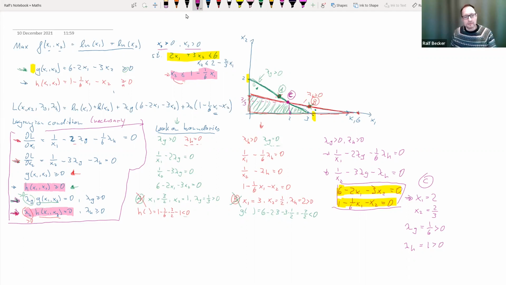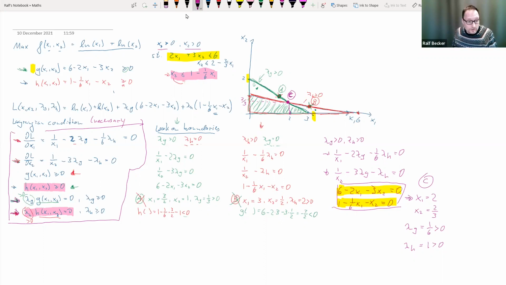As long as the Lagrangian conditions are only necessary conditions, we know that the solution to the problem has to meet all of these conditions, but not every point that meets the conditions is necessarily the solution. That's the stage we are at. We have one point, point C, which meets all of the conditions. So if there's a solution, it has to be that point. But we don't know yet whether it is the solution.